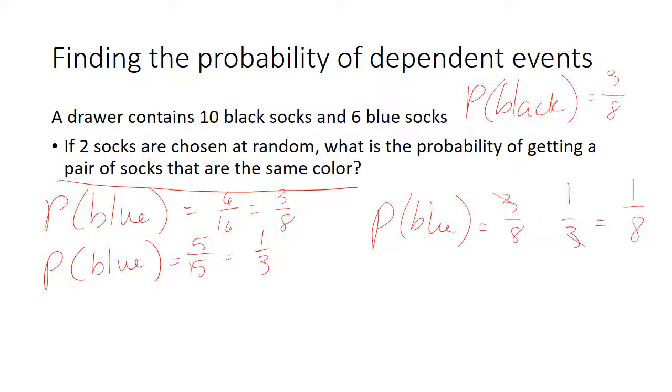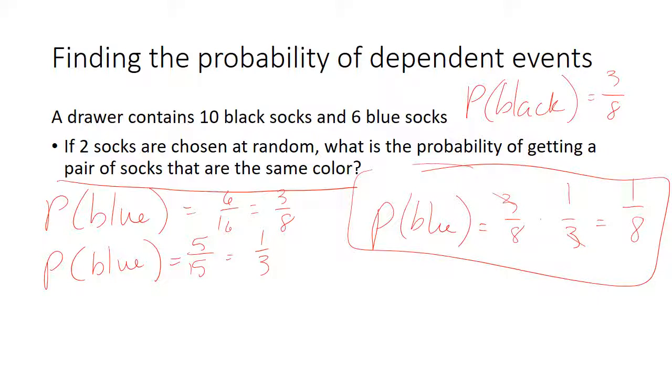Now, like I said, the pair of blue and the pair of black are mutually exclusive. So in order to find the probability of getting a pair of socks that's the same color, I'm going to add them. Now, you may have trouble deciding when to add probabilities and when to multiply them, because here we multiplied them. In the previous section, we added them.